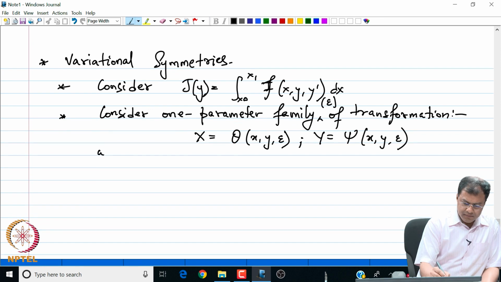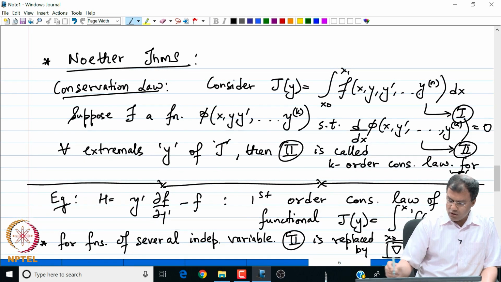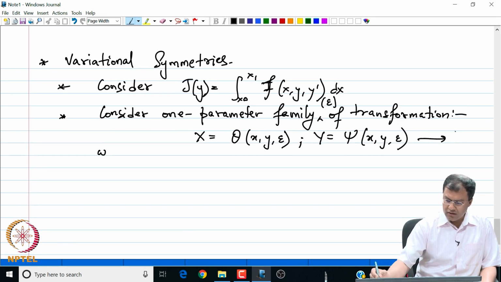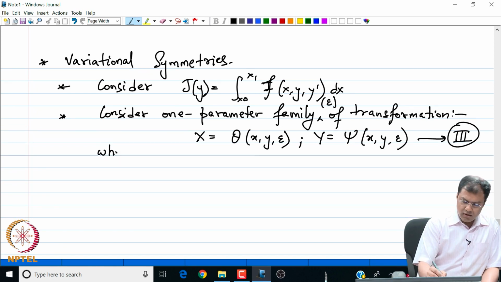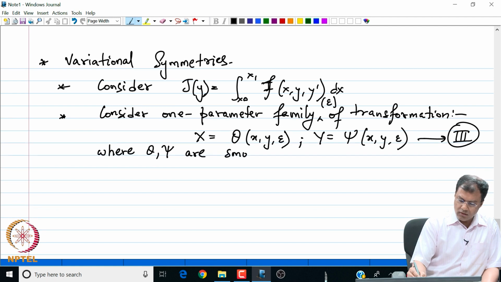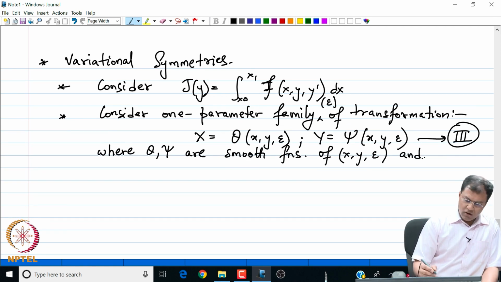Okay, so far we have numbered 1 and 2. So, let me call this transformation as 3, where theta and psi are smooth functions of x, y, epsilon, right. And we also require the following constraint.